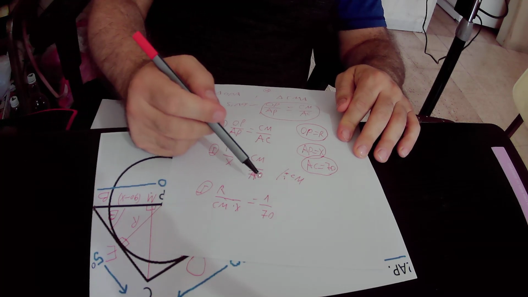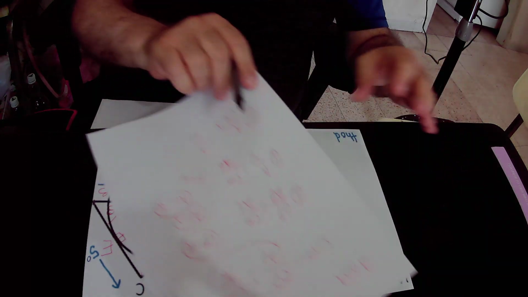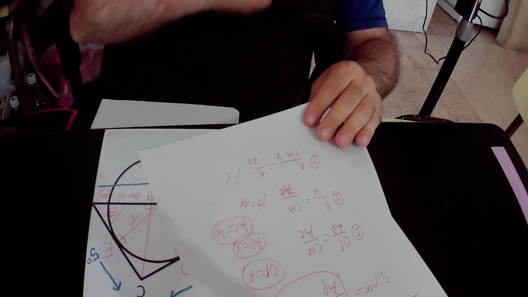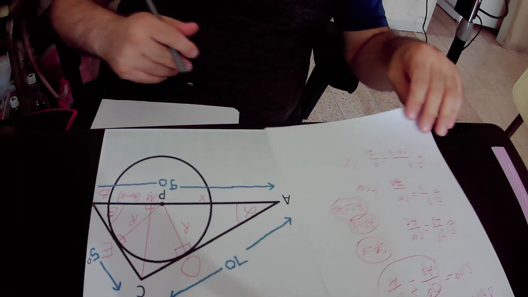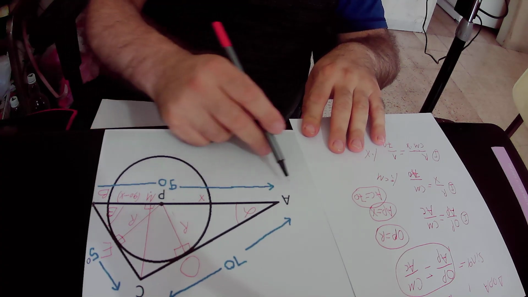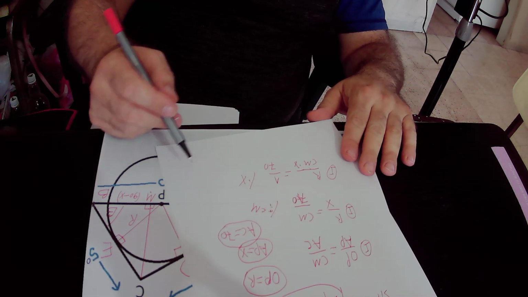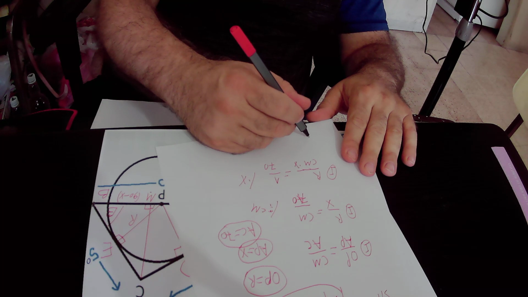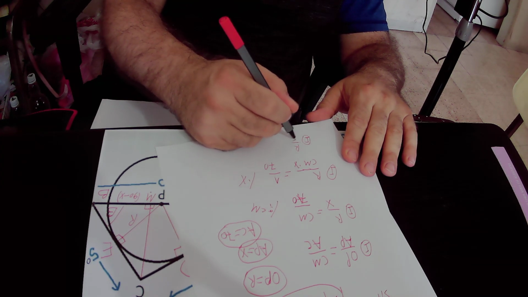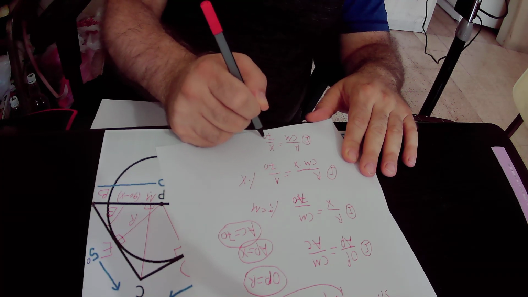Here we multiply both sides of the equation by X. Again, X equals AP, it is a positive number, so it is allowable to multiply both sides of the equation by X because it can never be 0. So we get that R over CM equals X over 70.